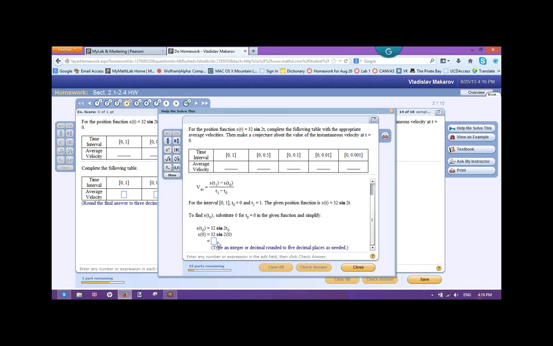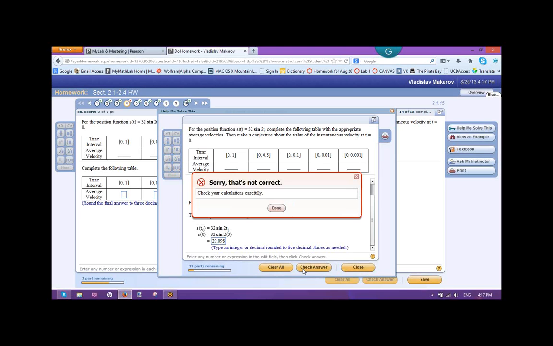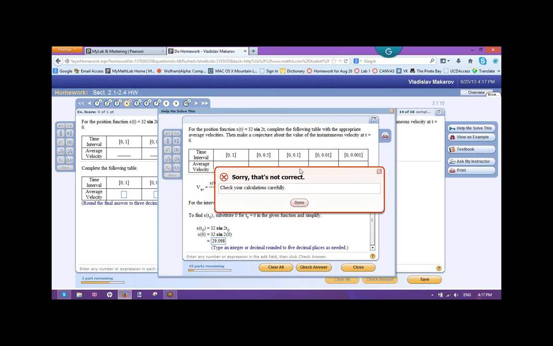In other words, this should be our first answer that we gave. Go ahead and type that in, and then let's see what it tells us. Okay, it's 29.098. And it says that it's incorrect.